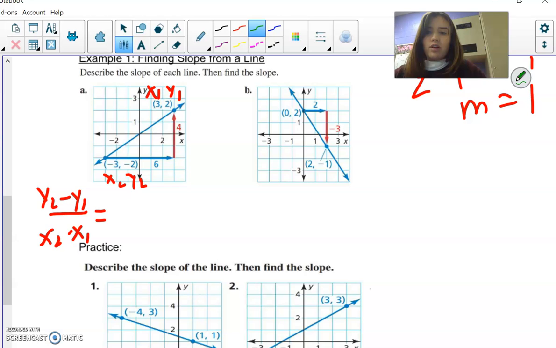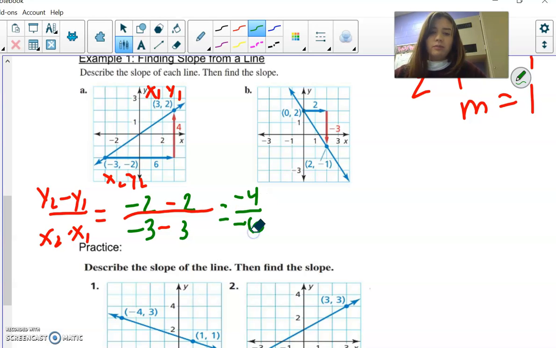Our y2 is -2, our equation tells us to subtract our +2. And then we have our x2, which is -3, minus our x1, which is +3. So we have -2 minus 2, that gives us -4. -3 minus 3, that gives us -6.